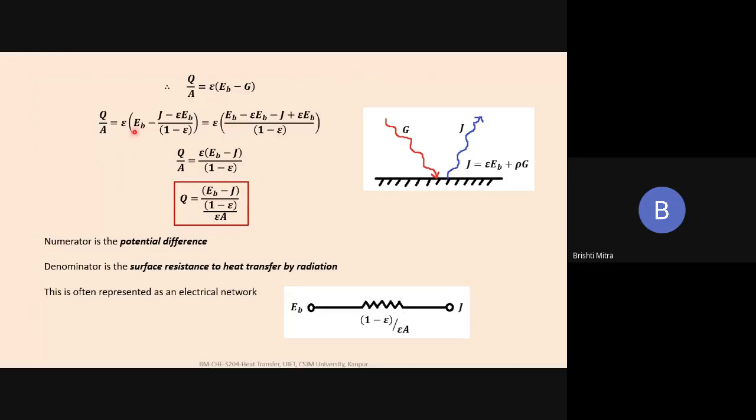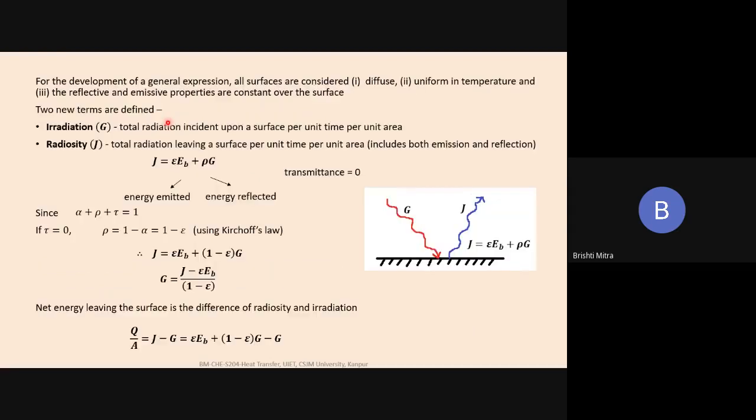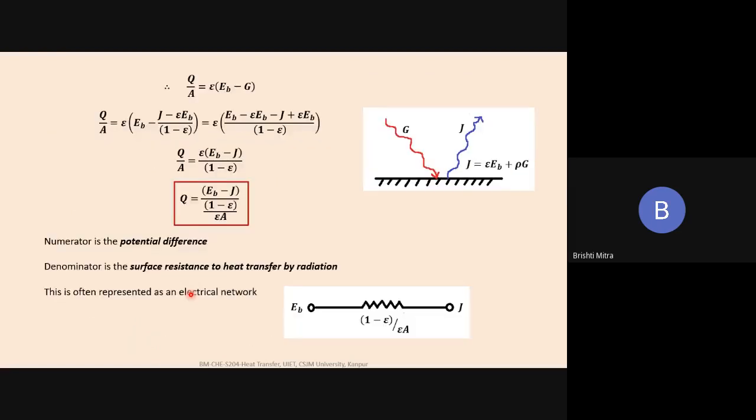Now if this is epsilon into EB minus G, we had found out how we can write G in terms of the radiosity. In terms of the radiosity, where did we get this? This is where we got it: G is equal to J minus epsilon EB, divided by 1 minus epsilon. I replace this value of G in this particular expression.